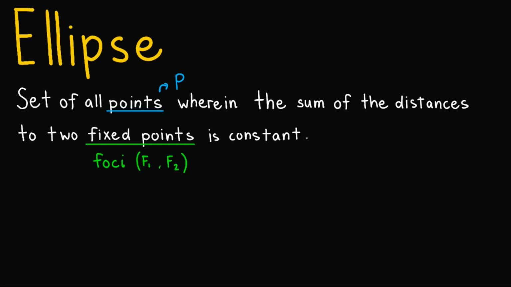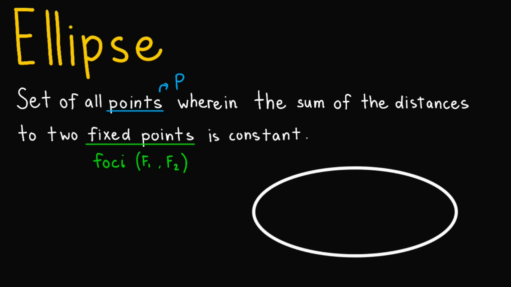So let's illustrate this in a figure. This is a figure of an ellipse, and we know that the set of all points out here is this whole ellipse, since this is a bunch of points. Then let's choose three arbitrary points. So we have P1, P2, and P3.